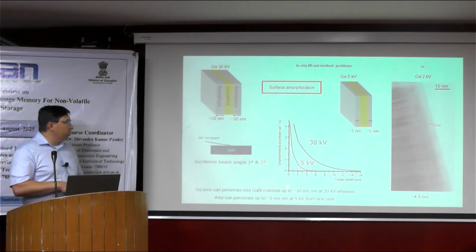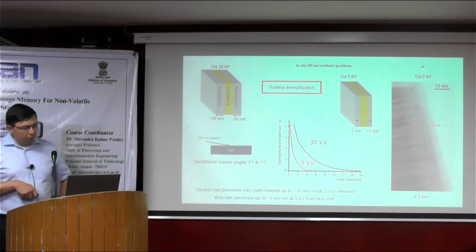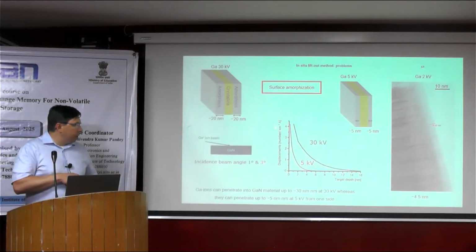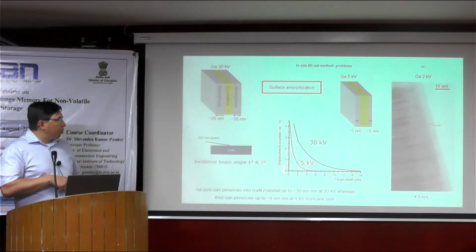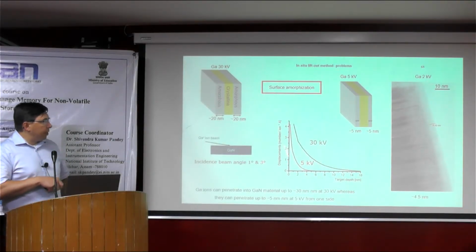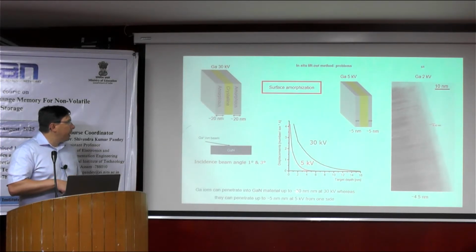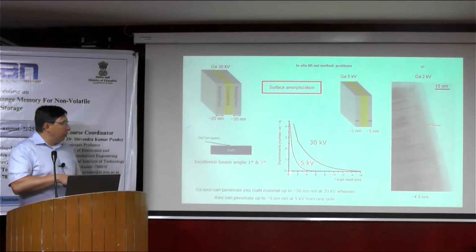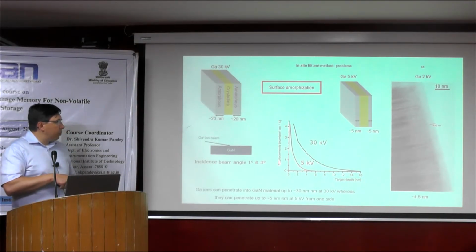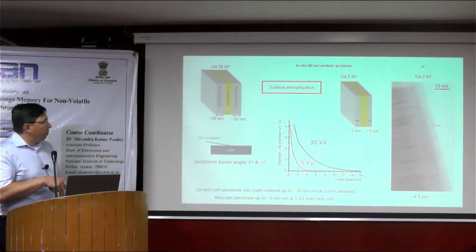And here we also did some simulations using the SRIM program to estimate how far these ions can go into your crystalline material. The y-axis shows the displacement number per ion, and this is the target depth.